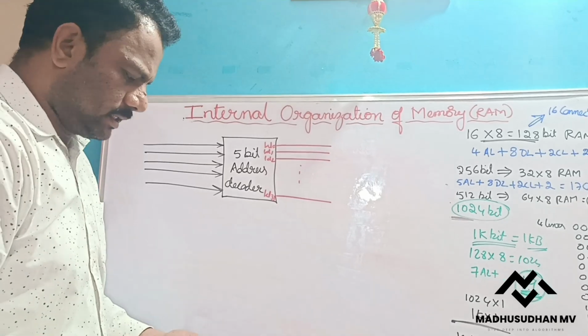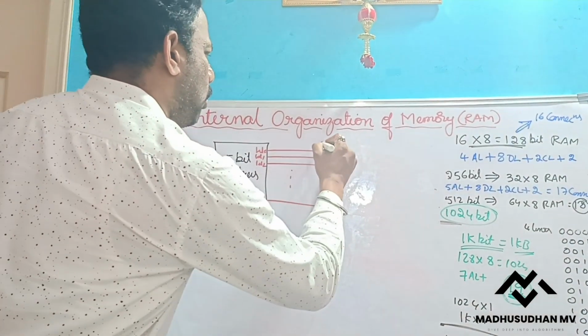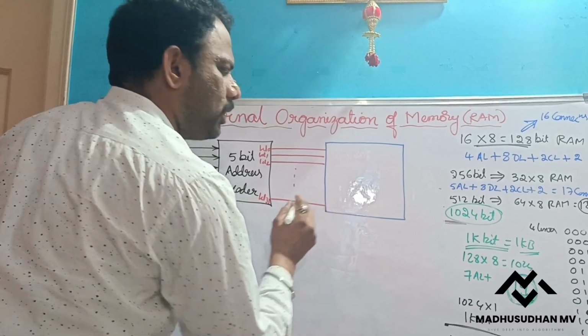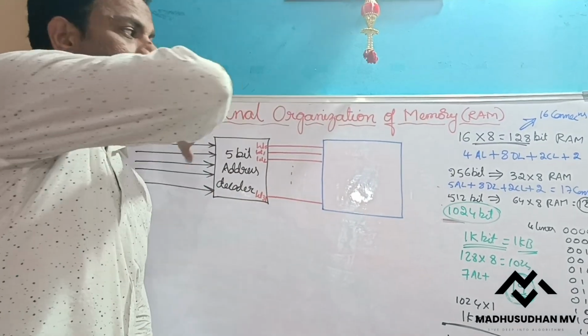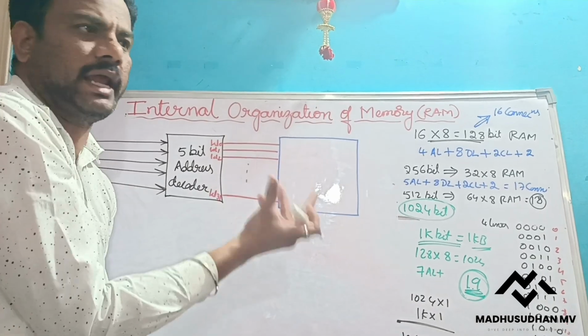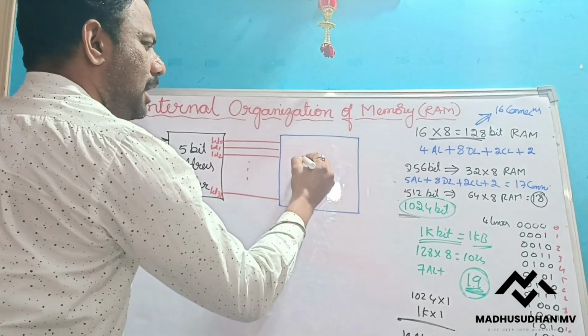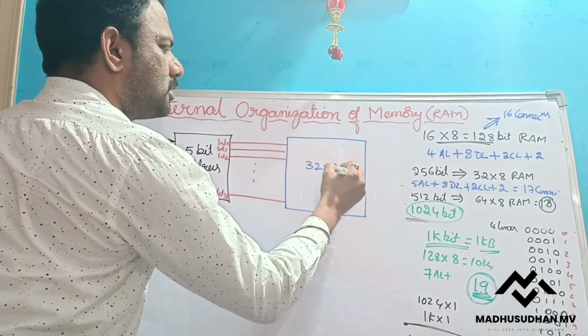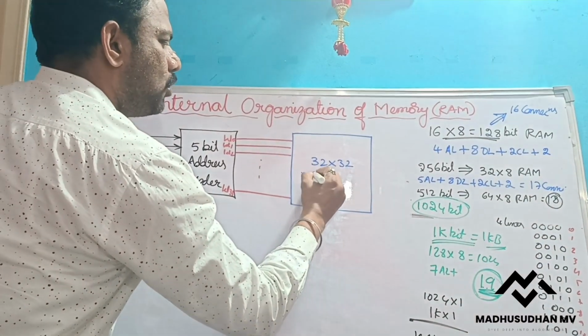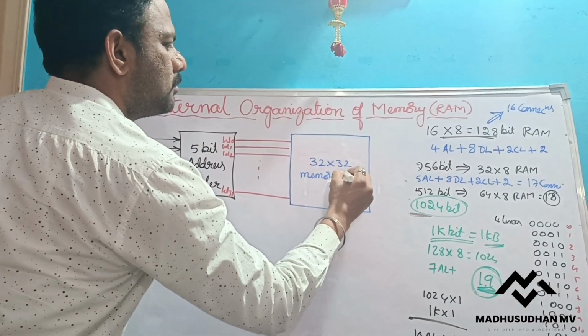Now this is my memory. How do I arrange the flip-flops? In the previous diagram, 8 flip-flops in 16 rows, 16 into 8. Like that, now I will make 32 cross 32. That means 32 rows and 32 column memory cell array.